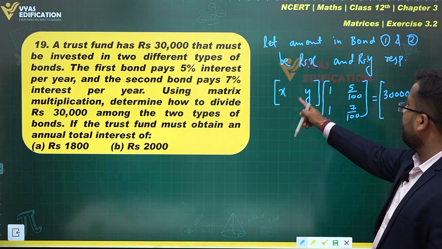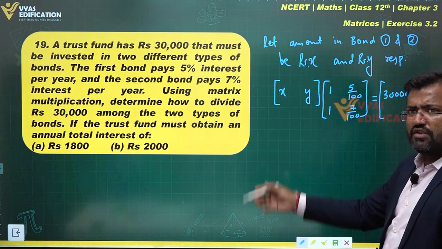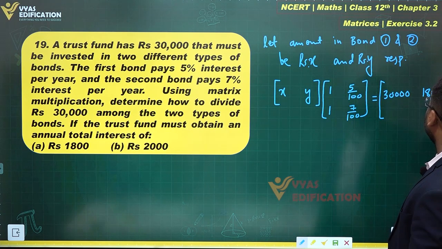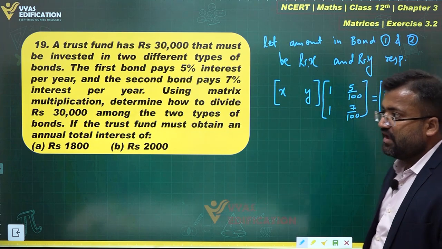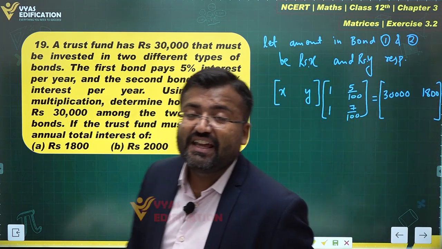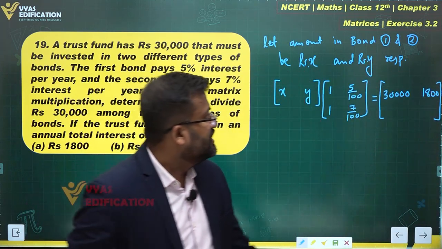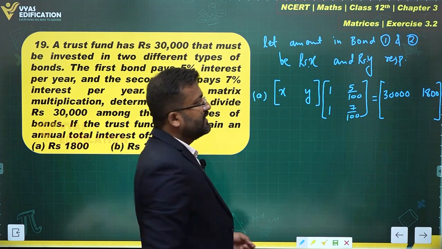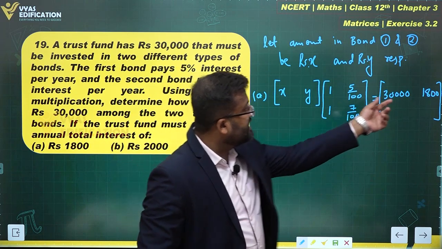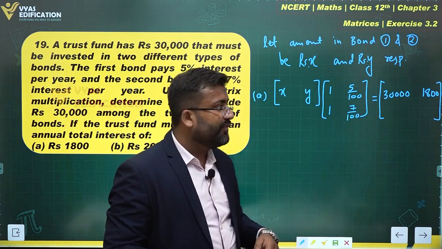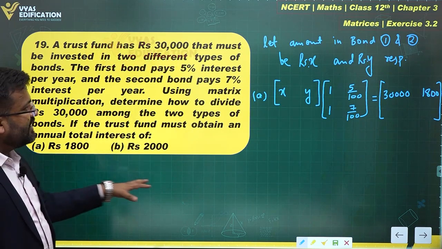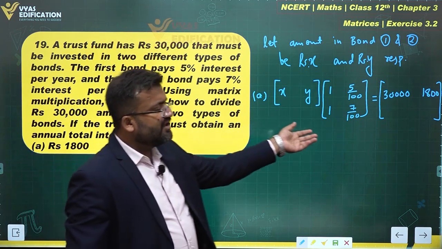Since that amount is already fixed, the interest in the first case would be 1800, whereas interest in the second case would be 2000. So this is for part A, we'll solve this equation, and for part B we can replace that 1800 by 2000. This is an alternative approach that we can follow for this same question.